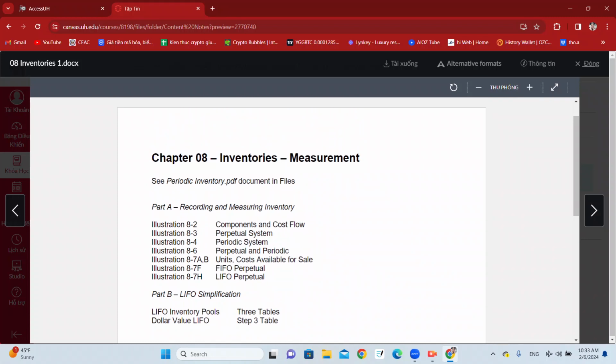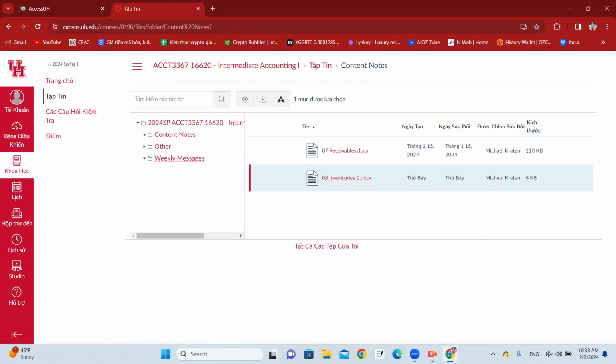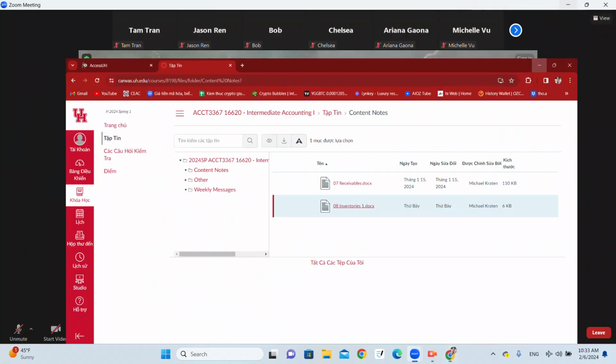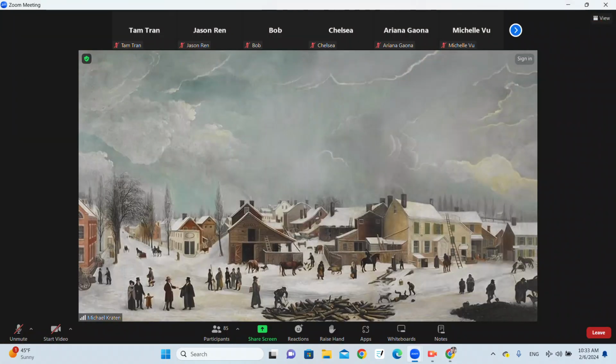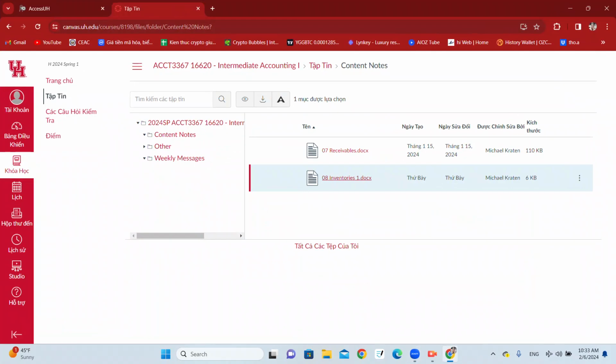If you're thinking, okay, Mike, but I review your notes, I review the illustrations that you went over, I still feel like I should be doing more. What more can I do? Well, keep in mind, the textbook has not only illustrations, but the textbook actually has the body, content, paragraphs, words.